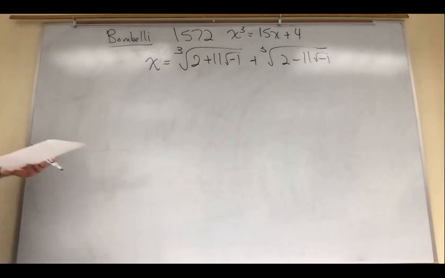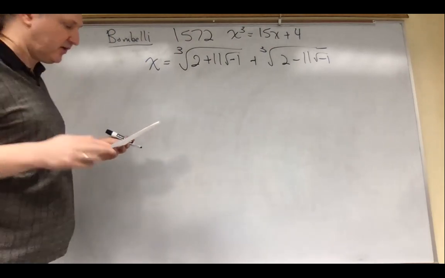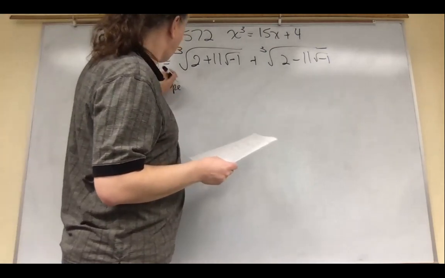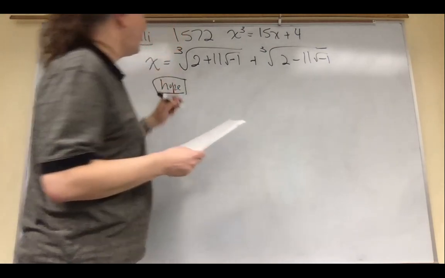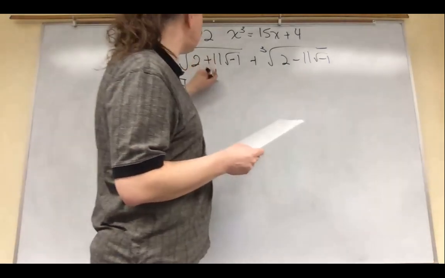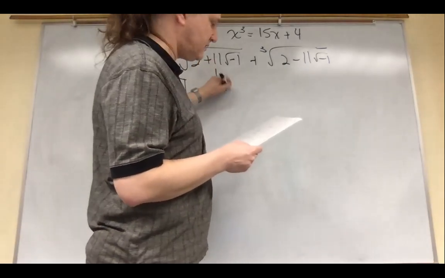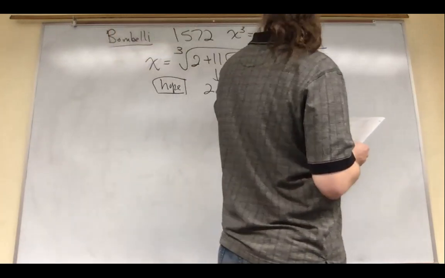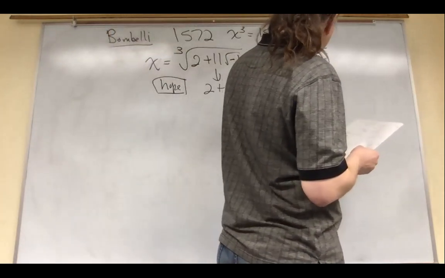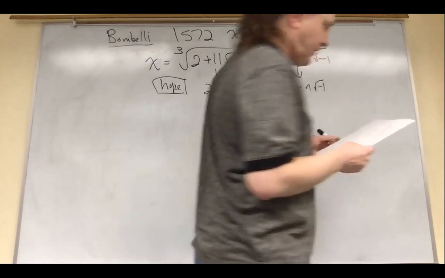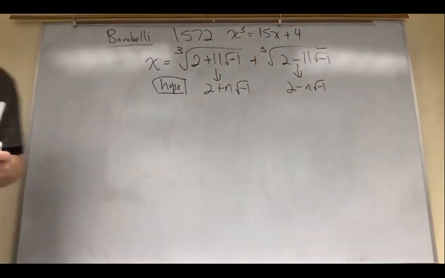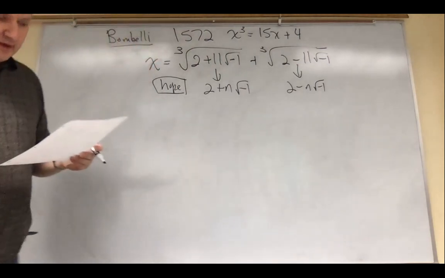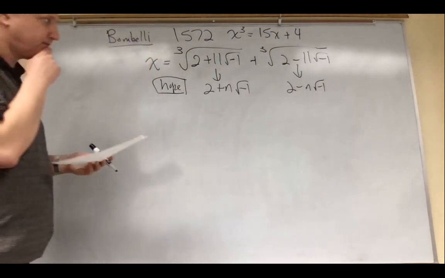And like I was saying in the example I showed you a moment ago, he then hoped, and it really is a hope, that this would equal 2 plus something times the square root of negative 1, and that this one would equal 2 minus something times the square root of negative 1. And the square roots of negative 1, who knows what they mean, but they would cancel. That's what Bombelli was thinking.